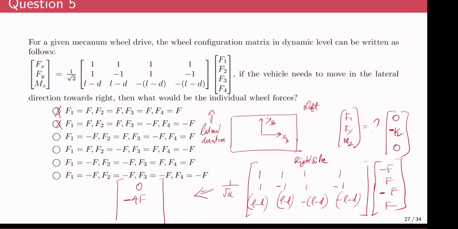And the third entry, this is a positive quantity. This is minus F into L minus D. This is plus F into L minus D. Those two get cancelled. This is plus F into L minus D. This is minus F into L minus D. So that is also 0, I suppose. All get cancelled.